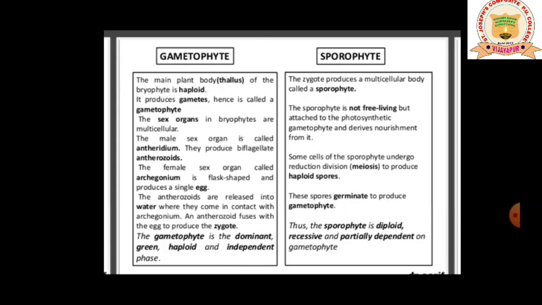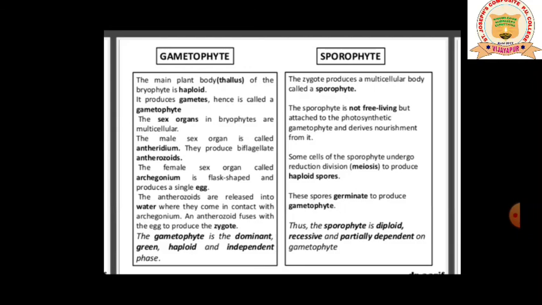So, my dear students, being the sporophyte where division is going to occur, it will be recessive in nature. It will not show its character. The gametophyte is dominant, so we call bryophyte a gametophyte also, because it is dominant, it is haploid and an independent phase. It can go for production of the sporophyte.